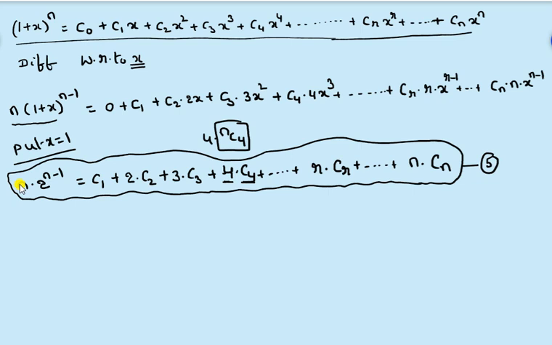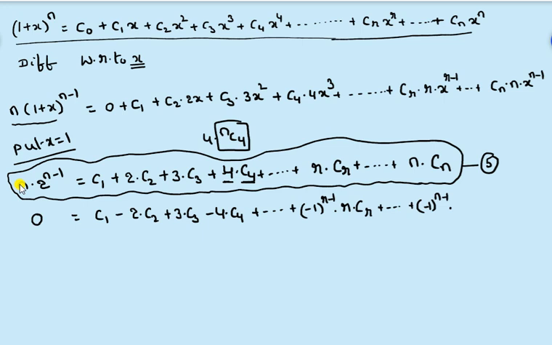Now in the same expansion, if you put x is equal to minus 1, what we will get? 0 is equal to C1 minus 2 into C2 plus 3 into C3 minus 4 into C4 plus and so on plus (minus 1) whole to the power of r minus 1 into r into Cr plus and so on plus (minus 1) whole to the power of n minus 1 into n into Cn.